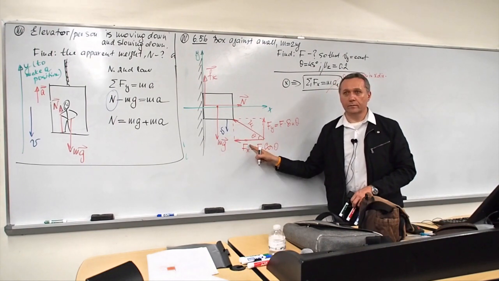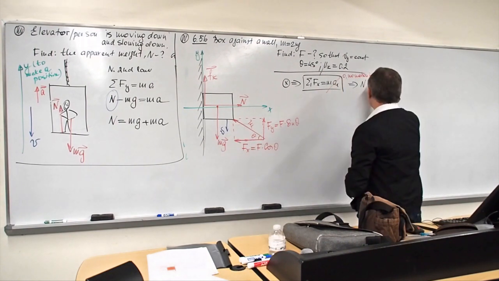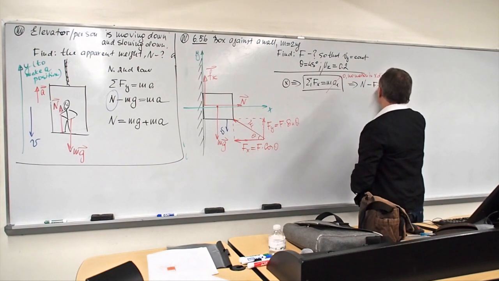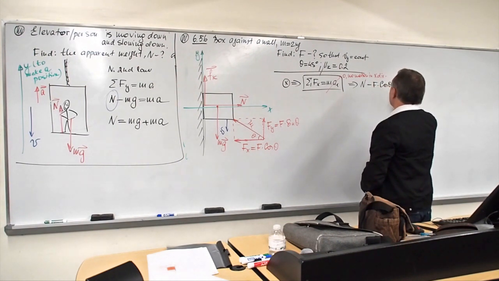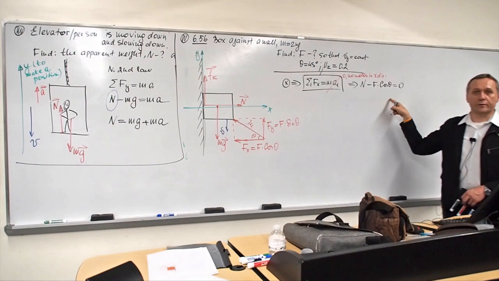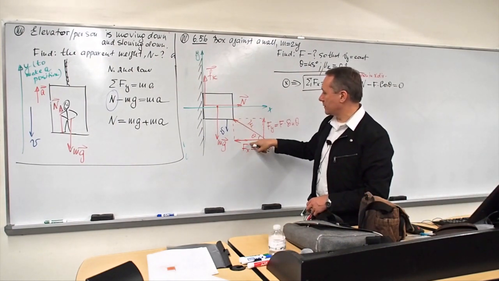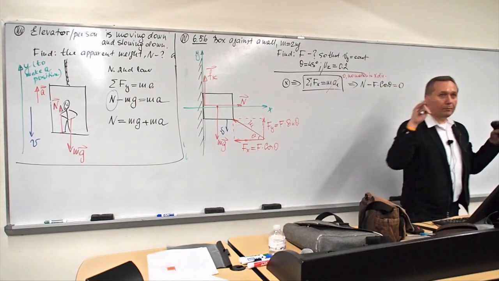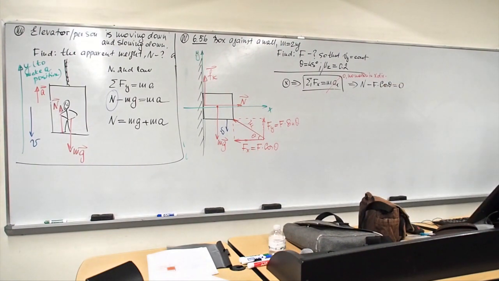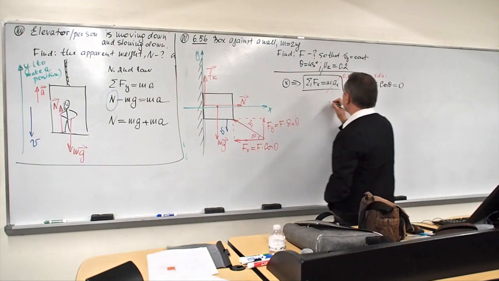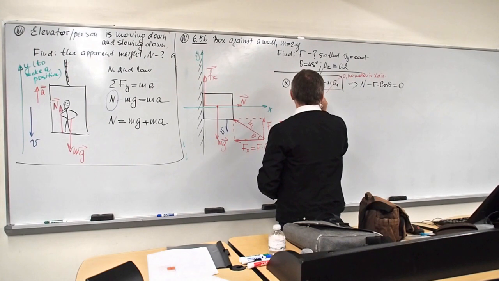So it's minus F cosine theta equals 0, because acceleration is 0. There are only two forces: the normal force and this component of the applied force from my finger. So of course this allows us to find the value of the normal force.